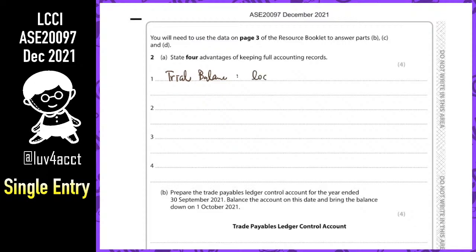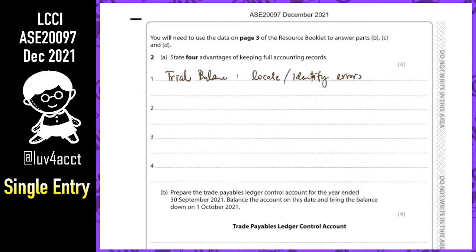Using this trial balance, I can easily locate or identify errors so that you can correct them. You can also say that it can avoid having errors in your financial statements. Not avoid having errors in your accounting records, because the trial balance is the midpoint of your financial records.